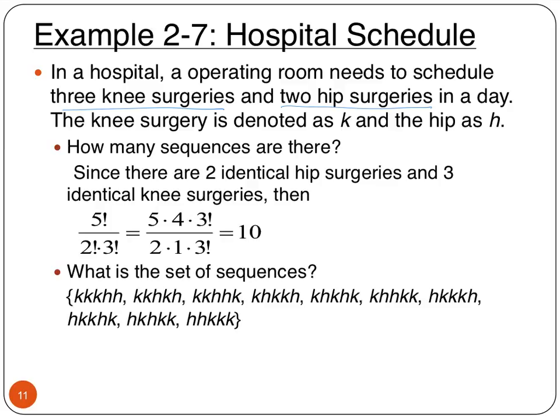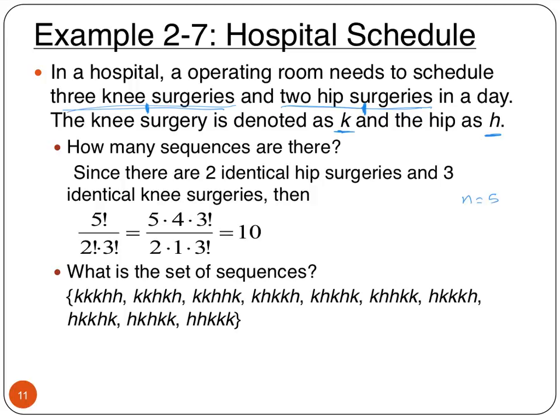A knee surgery is denoted as K and the hip surgery is given the symbol H. How many sequences are there? We have 3 plus 2, so a total of n equals 5. How many groups? We have 2 groups of similar outcomes.